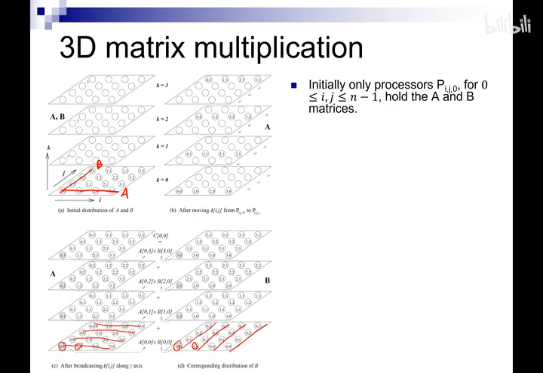Then you see that this is exactly what's being done in the outer product computation. Therefore, the first layer of this 3D multiplication corresponds to the first stage of the outer product matrix multiplication.